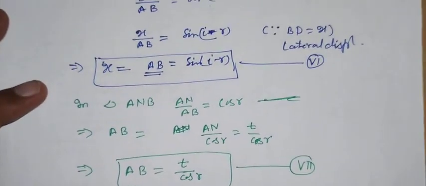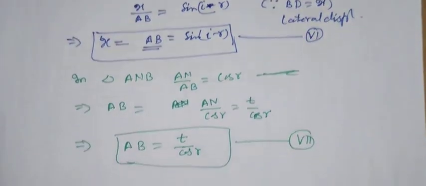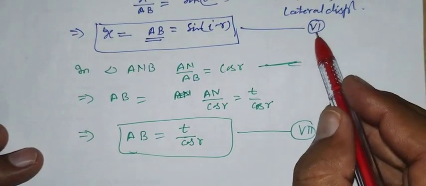Now see the mathematical calculation between 6 and 7. We are going to place the value of AB in equation number 6.